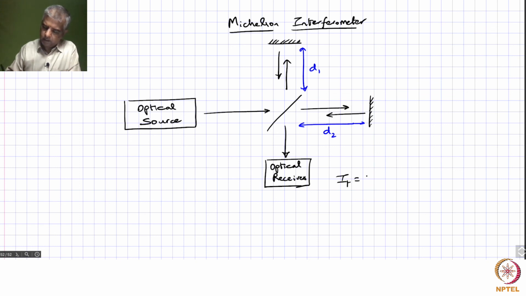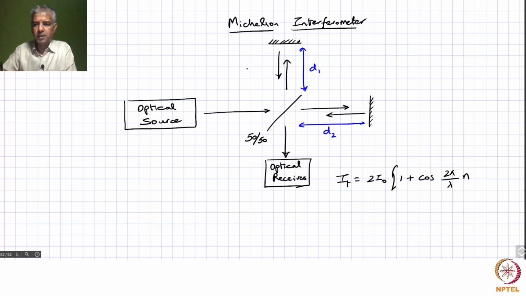I_T equals, let's just say this is actually a 50-50 splitter. That means that 50% of the light is going this way, 50% of the light is going this way. Then if you look at the total intensity over here, that will correspond to 2 times I naught times 1 plus cos of 2 pi over lambda multiplied by n, where n is the refractive index.